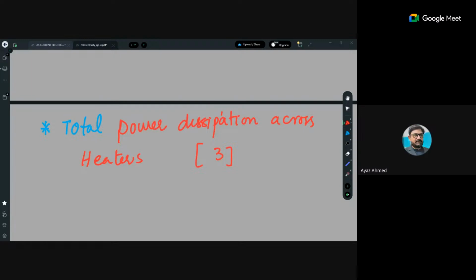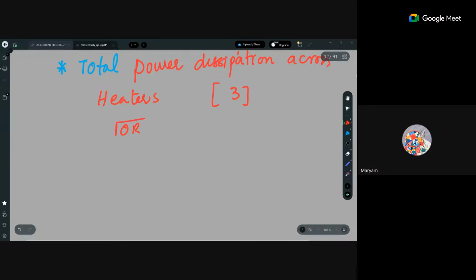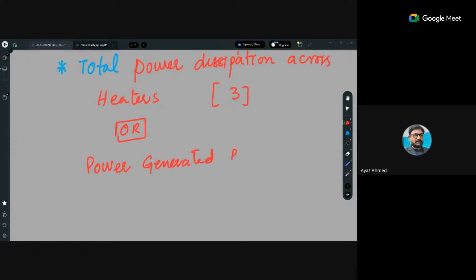You can ask the same thing in this way: calculate the power generated by the battery, or by the mains.